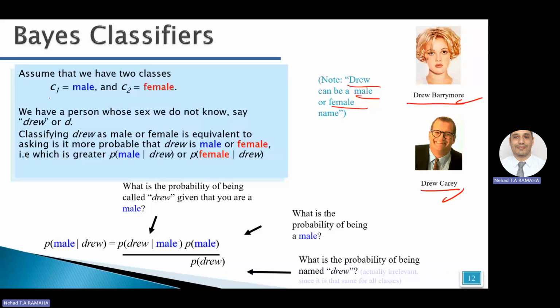If we have two classes, C1 male and C2 female, and we have to identify the gender of the person, his name, Tru, or simply D, we take only the first letter, D. We want to classify whether he or she is male or female. Usually we don't know this name because it's a shared name.